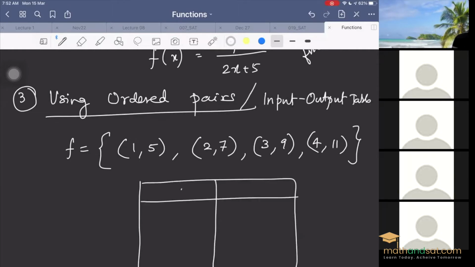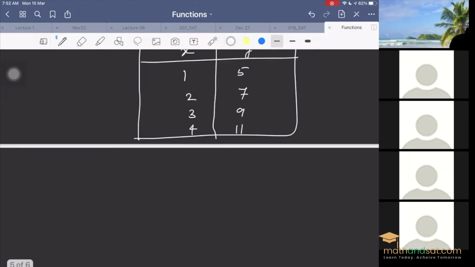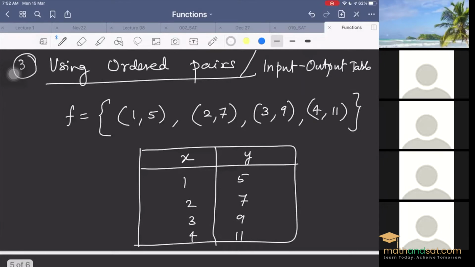So we have x here, y here. 1, 5, 2, 7, 3, 9, 4, 11. If I have an input-output table, how can you tell that this represents a linear function?